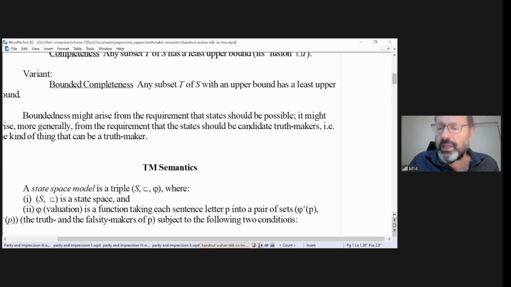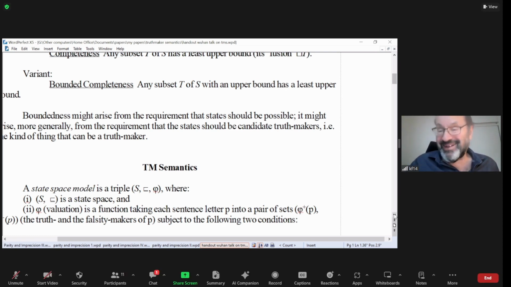Now, when we have partial states, certainly we can no longer make that identification. If I've got the state of my sitting, this doesn't make it true that it's cold outside, but it doesn't make it false either. It simply leaves it open. So once we allow partial states, we can no longer identify making a sentence false with failing to make it true.